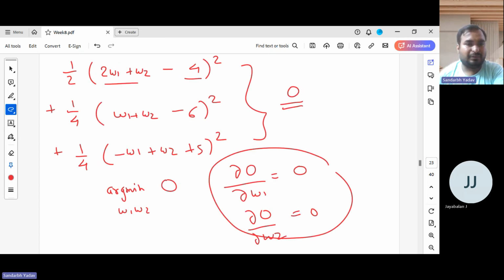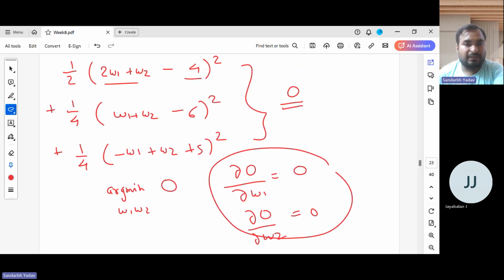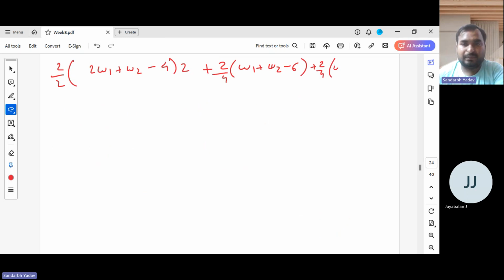Similarly for this one, but here the coefficient is -1, so that will factor in, and it becomes plus 2 by 4 times (minus W1 minus W2 minus 5).